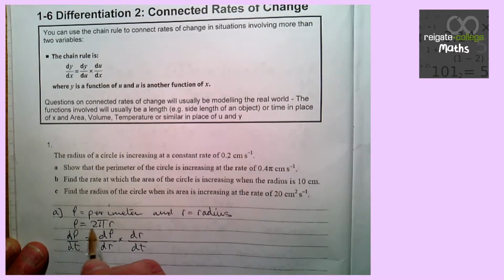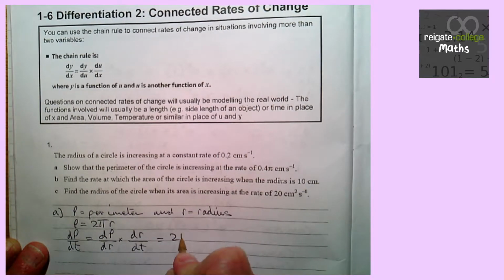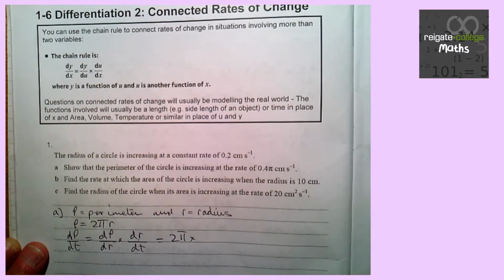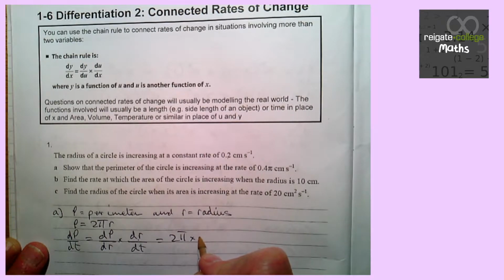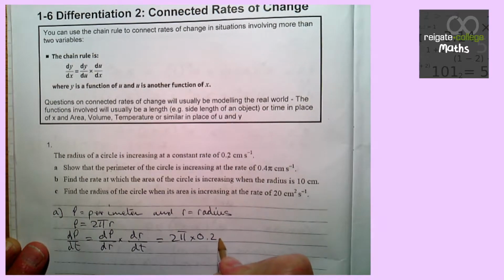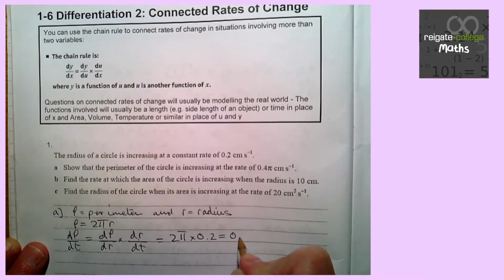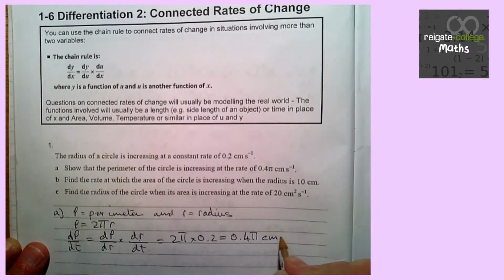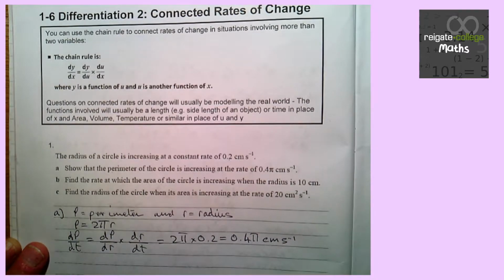Now, if we know what P is, we can find dP by dr. We just differentiate that, so dP by dr is 2 pi times dr by dt. Well, that's what we're given here, 0.2 centimeters per second, so times 0.2, which is 0.4 pi centimeters per second, which is what we've been asked to show.